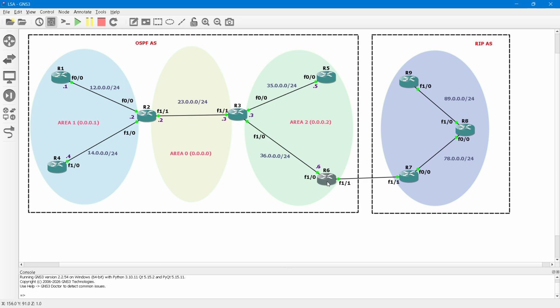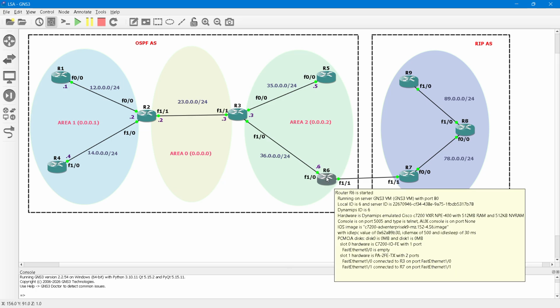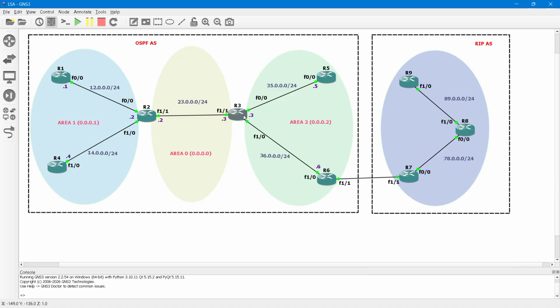As R6 is an ASBR, in its type 1 LSA the field for ASBR will be set to true. R3 will see that and know okay, R6 is an ASBR.